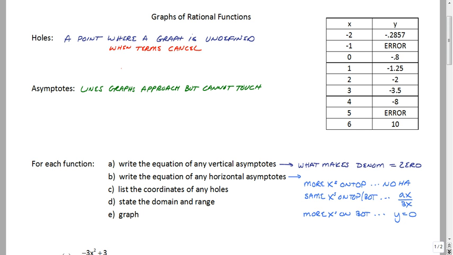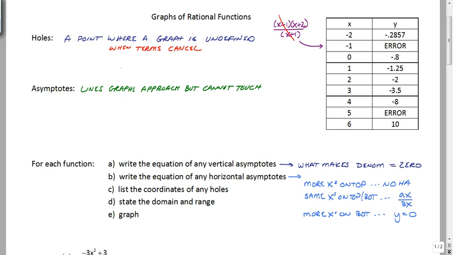Now, an error occurs in your graphing calculator when one of two things happens. And I can give you an example. So this -1 giving you an error could be an example of a hole. So if you had something like x plus 1 and x plus 2 all over x plus 1, in our last video we talked about those canceling and that being a hole. That's an example of how your chart could give you an error.